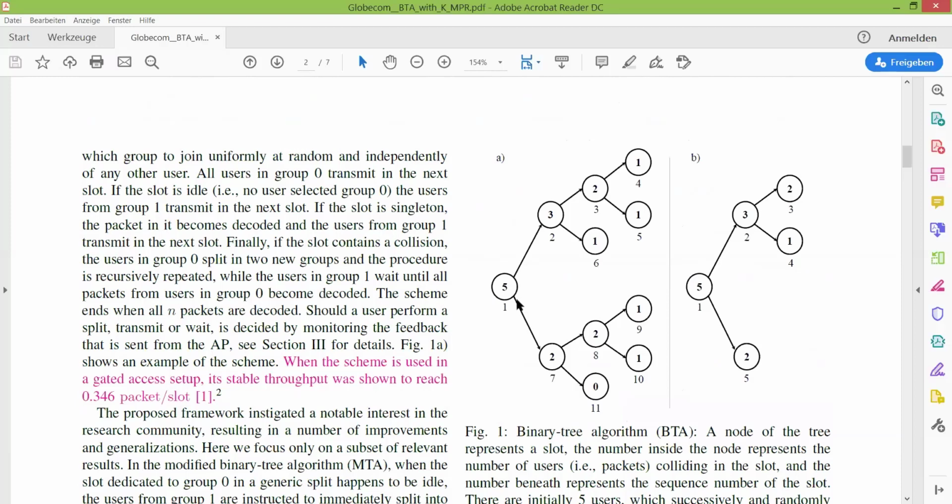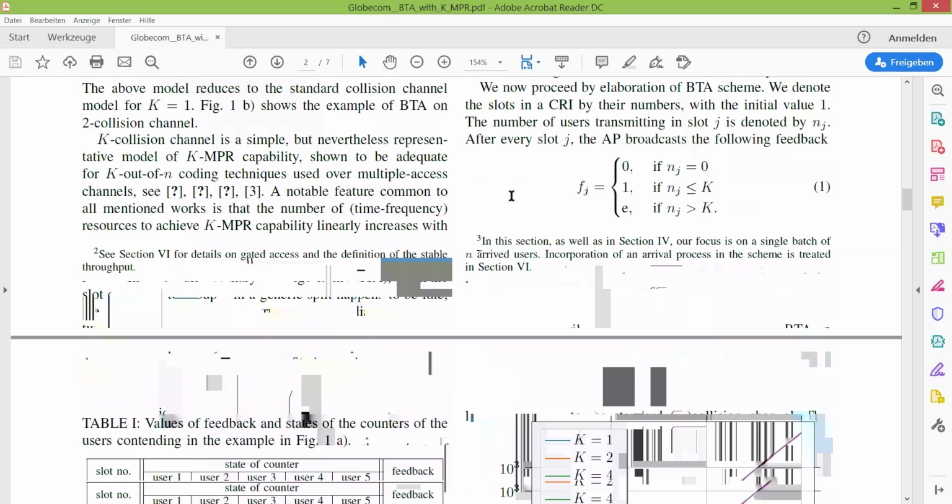The number of slots you have to resolve 5 users is this slot, which is 1 slot, and 2 new trees: 1 tree with 3 users and another tree with 2 users. And this gives it a nice recursive approach.